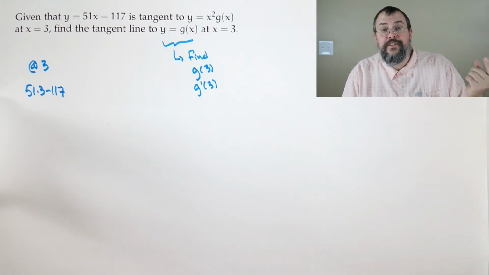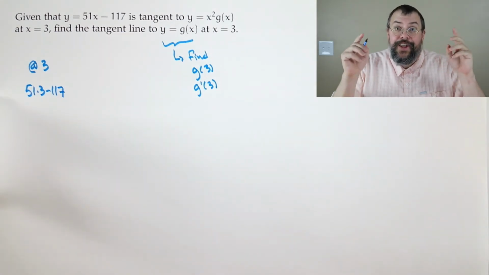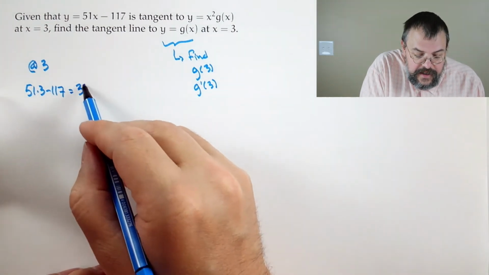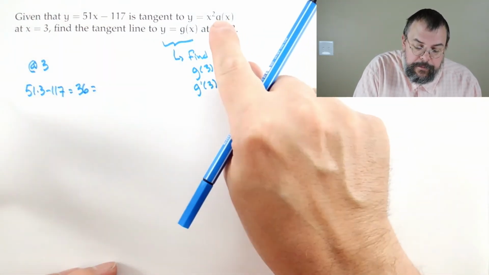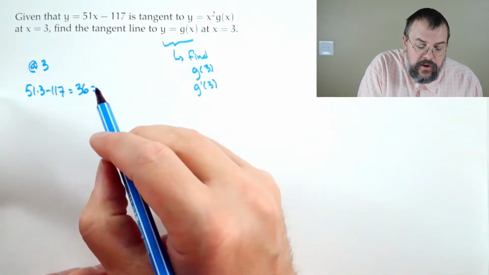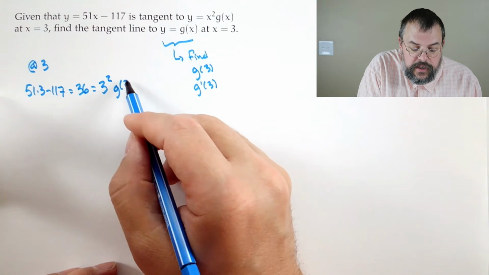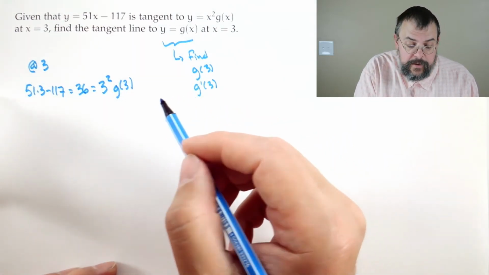If you take 153, subtract 117, you get 36. That has to equal what happens when we plug 3 into here. So that's 3 squared g of 3, or if you like, 9 times g of 3.